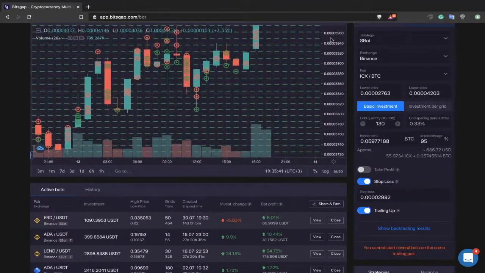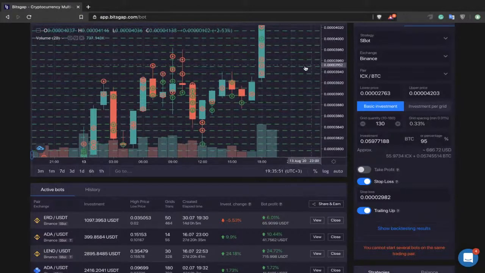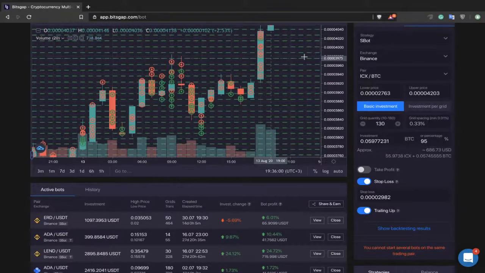So that leaves almost no option for the price to not trigger my levels. Even though my grid spacing is reduced, and that means that my potential profit is also reduced, I have more chances that the price will trigger all of my orders. So that's something for you to consider.